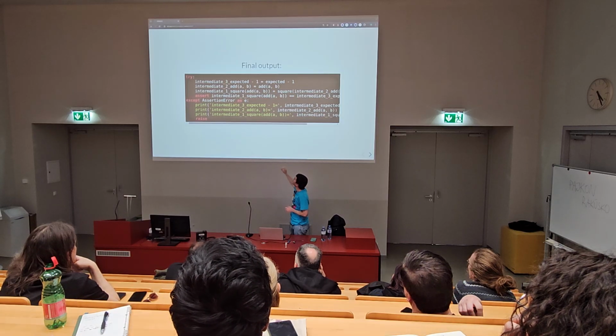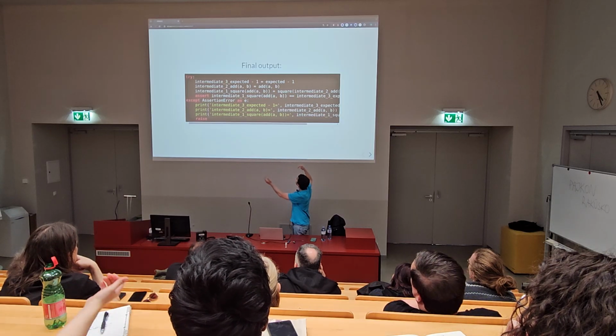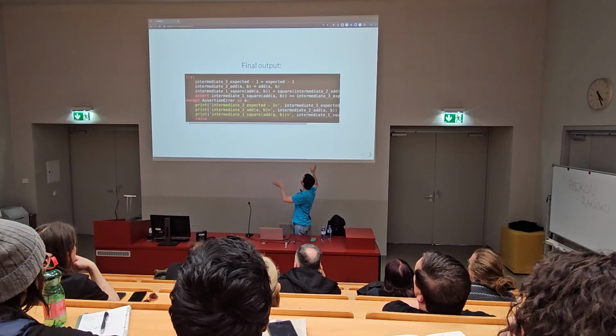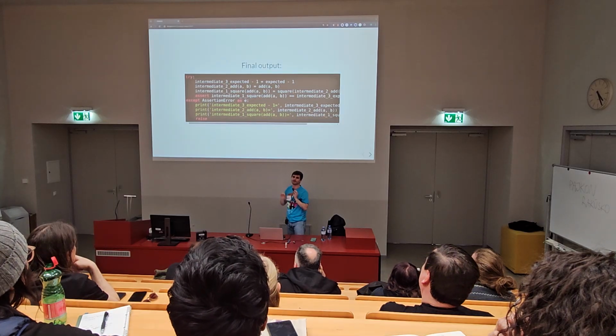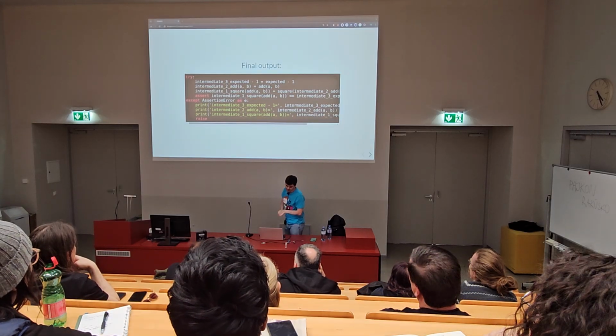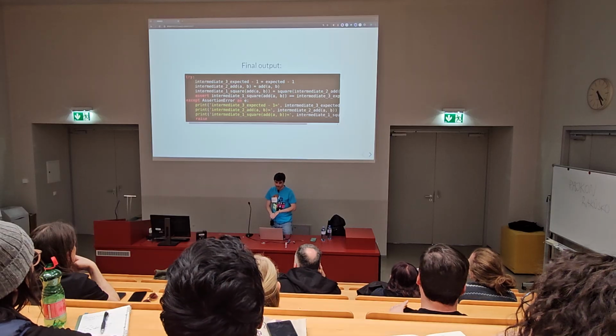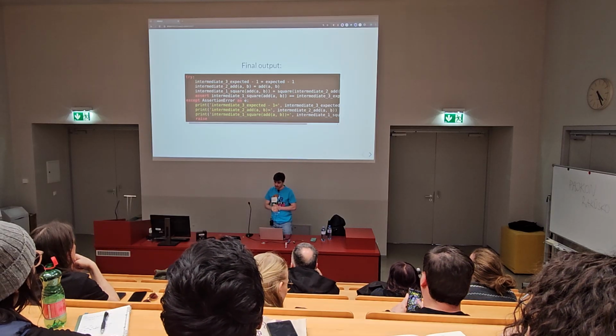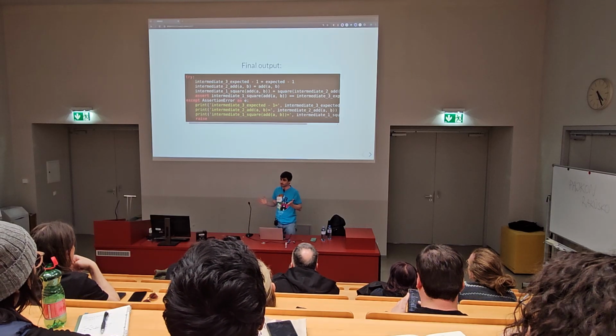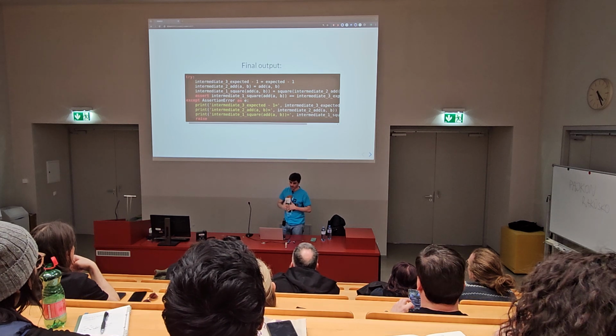What gets executed is that the whole intermediate 1 square parenthesis add AB closing parenthesis is one variable. And so this basically does the job that we wanted it to, so it prints debug information when there's an assertion error.